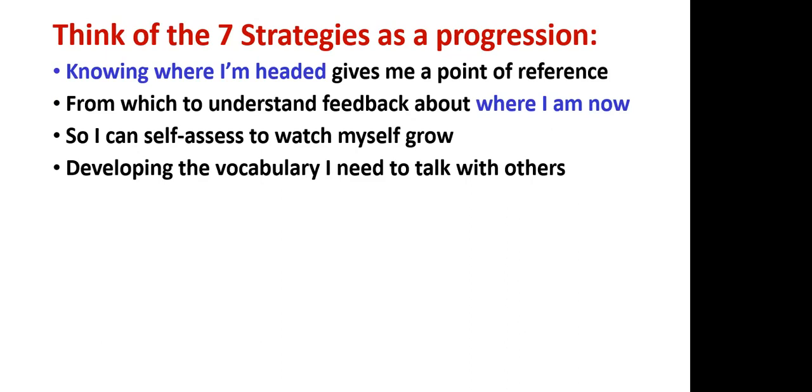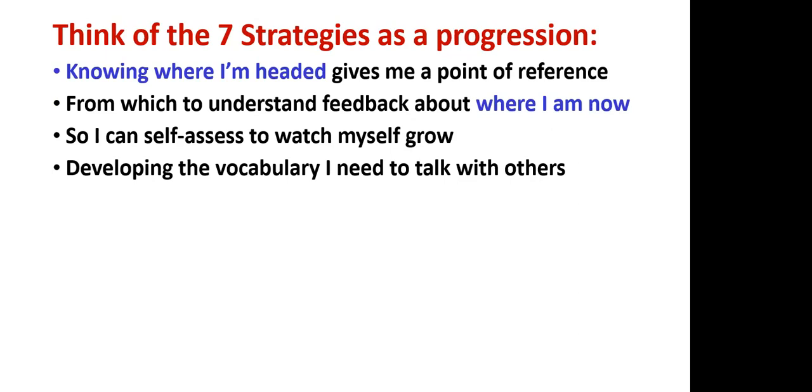Developing a vocabulary and understanding that allows me to talk with others about the goal and my progress. Do you see how the progression is taking them inside the learning targets continuously and developing their understanding of the science in your case that's involved, and the reasoning, the science knowledge and the reasoning and the performance skills?